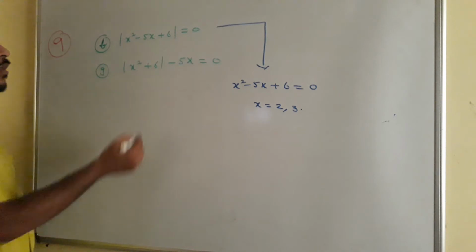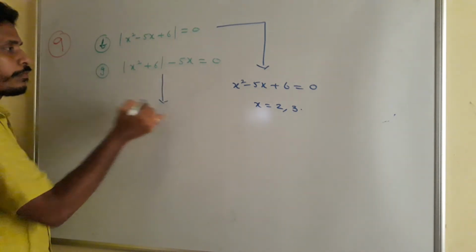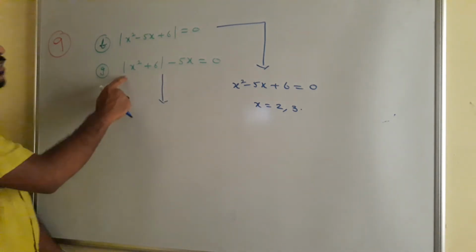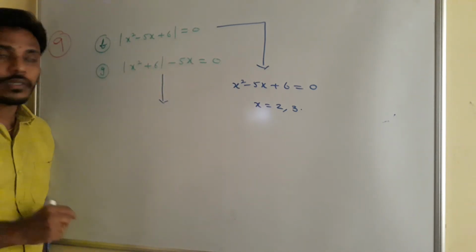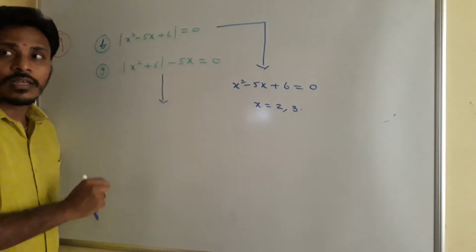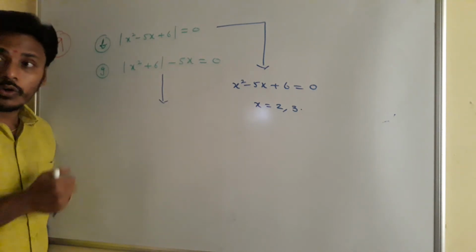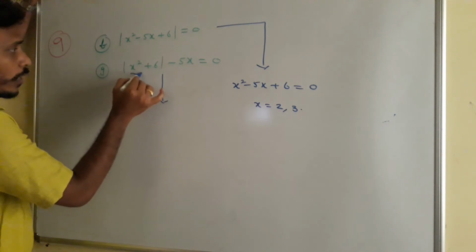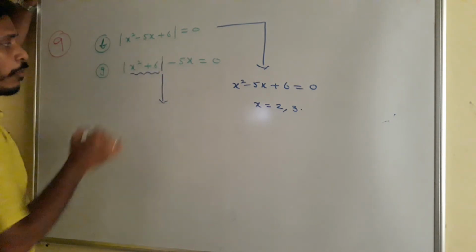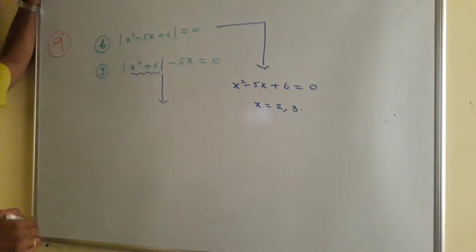That is f. Whereas if you think about g, modulus of x square plus 6 minus 5x is equal to 0. So how to solve it? The way of solving is simple. You just look at the expression which is there in the modulus. What is it? X square plus 6.